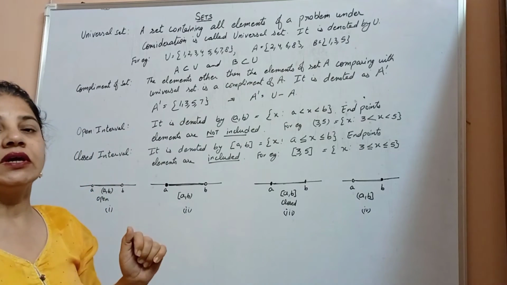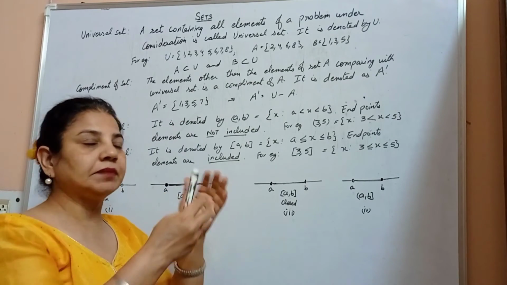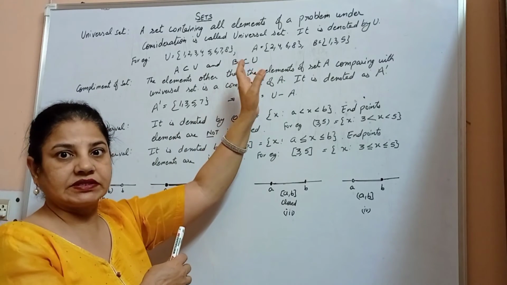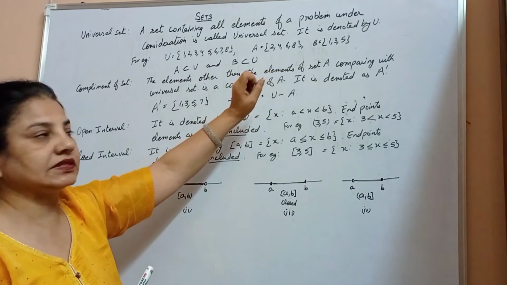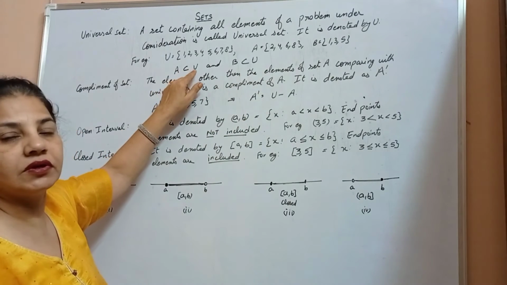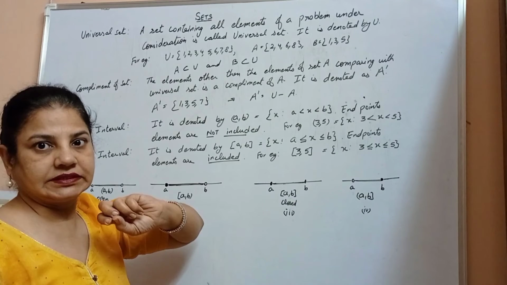The universal set is the bigger set, and A and B are subsets of the universal set, derived from it.